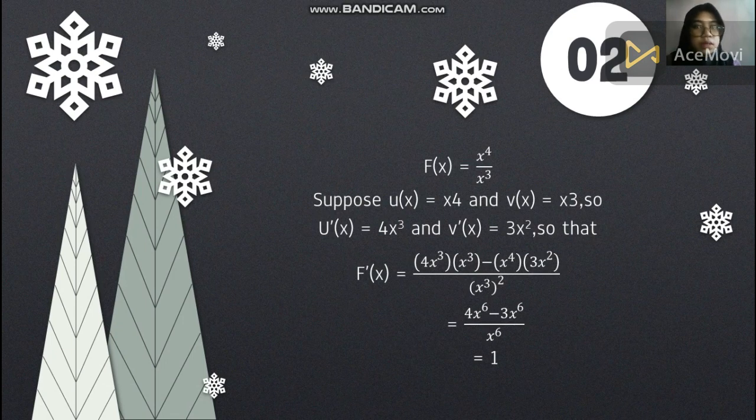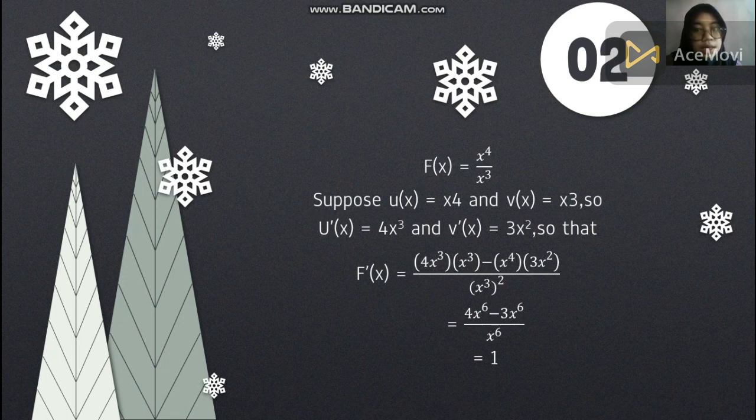Example number 2. f(x) = x to the power of 4 over x cubed. Suppose u(x) = x to the power of 4 and v(x) = x to the power of 3.